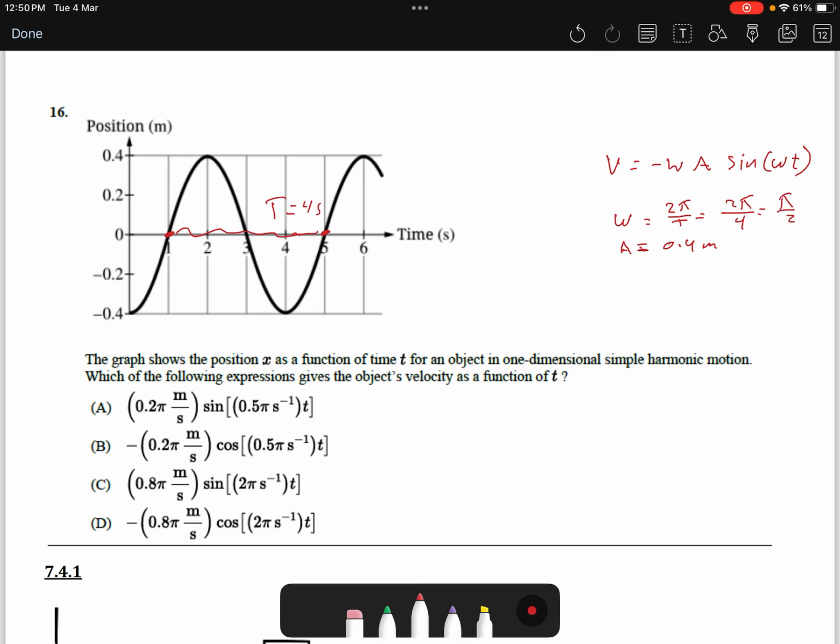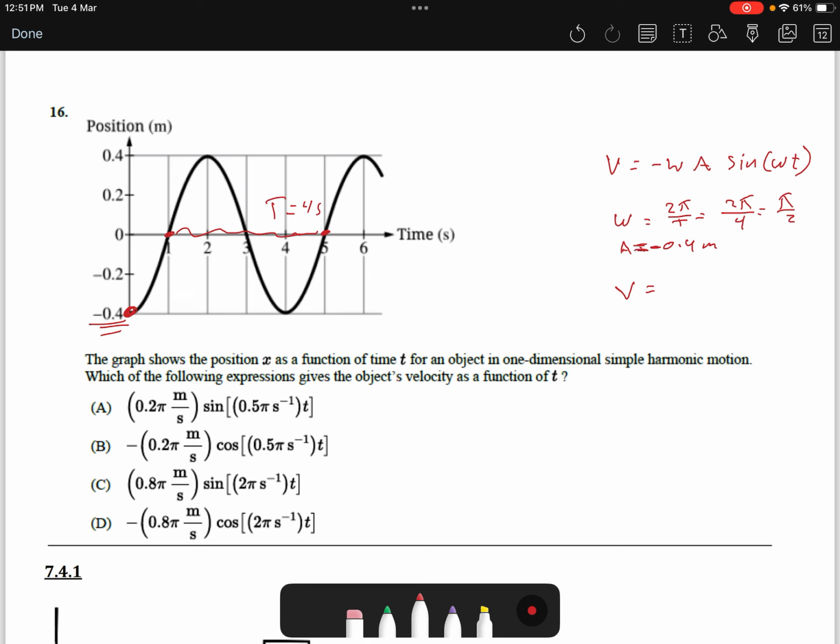Now let's substitute this. We will have that V equals, yes, here we need to be careful that the motion started at negative 0.4. So let's add negative at the amplitude.